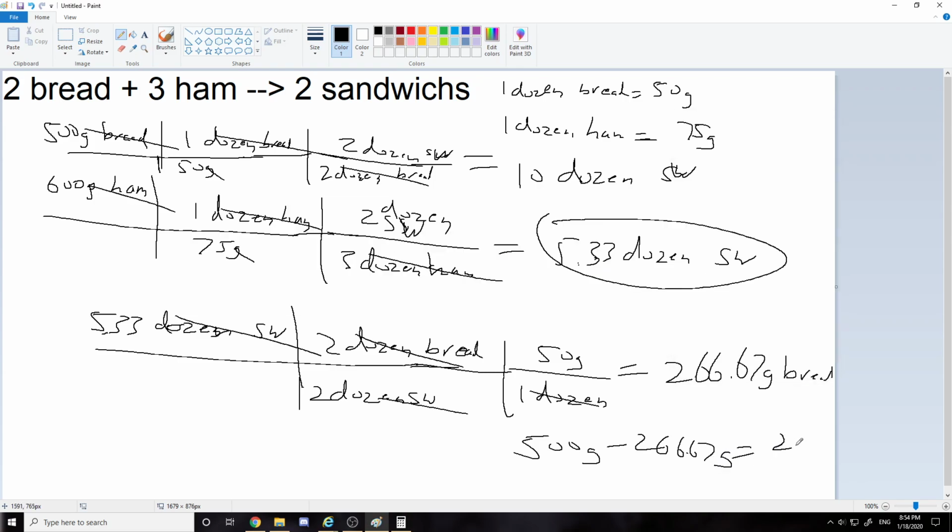We're left with 233 grams of bread. That's our leftover bread. Right? Because remember, we calculated how much bread we need to make our 5.33 dozen sandwiches, because that's how much we can make. So if we use 266.67 grams of bread, we have only 233 left over.